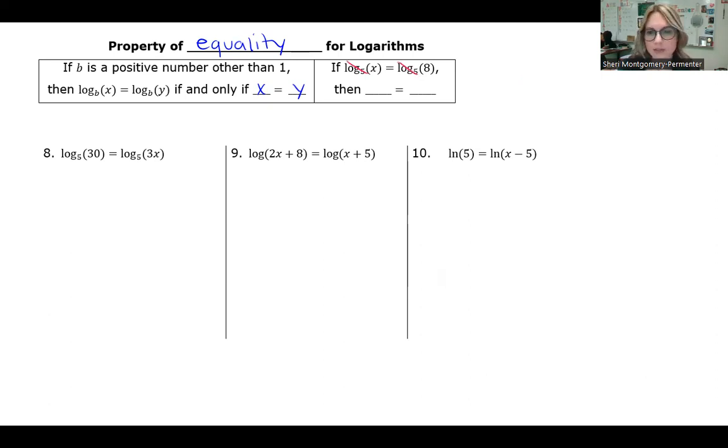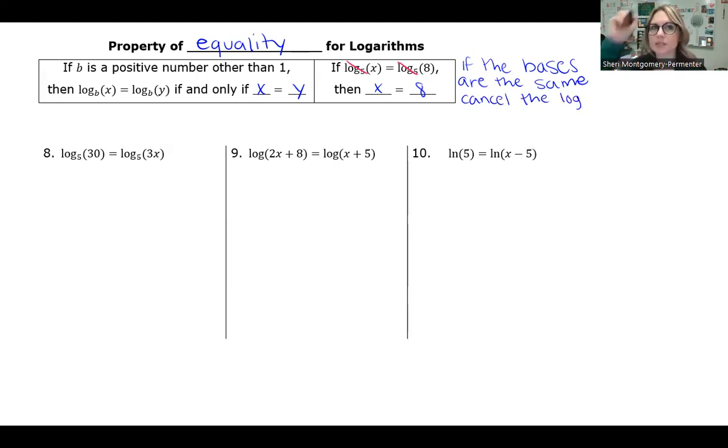So we're left with X equals 8. If the bases are the same, you can cancel out the log and you're just left with the stuff.